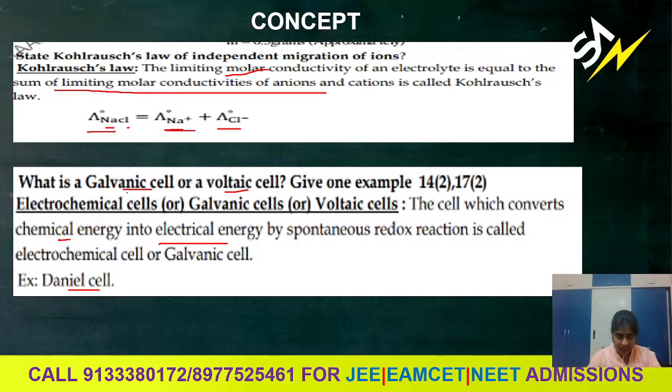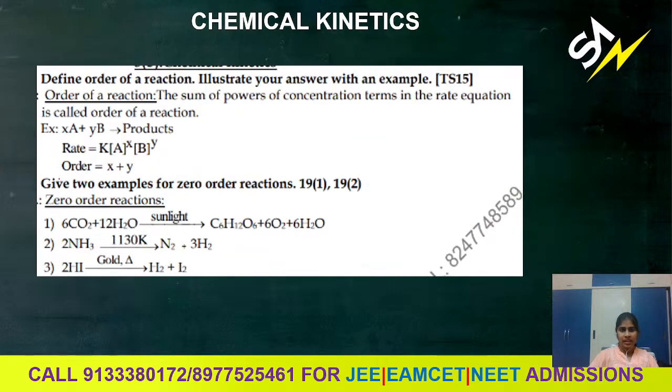One more cell is the electrolytic cell. It has the opposite mechanism: chemical energy is converted into electrical energy in a galvanic cell, while in an electrolytic cell, electrical energy is converted into chemical energy. In those types of cells, we can apply Faraday's laws. So this is all about galvanic cells.